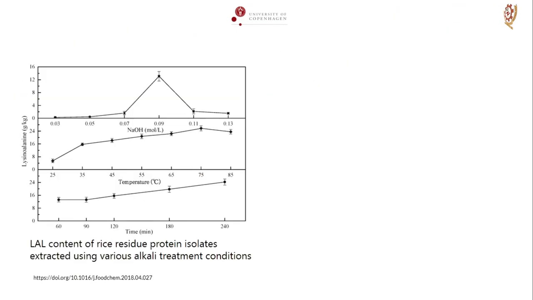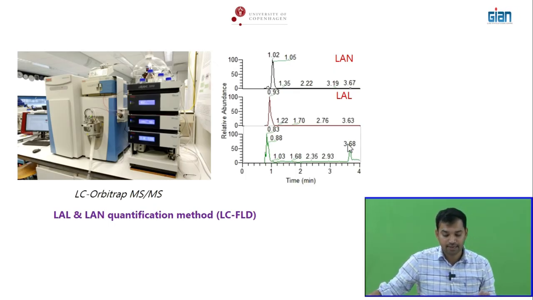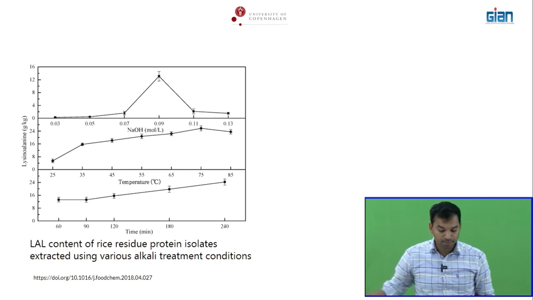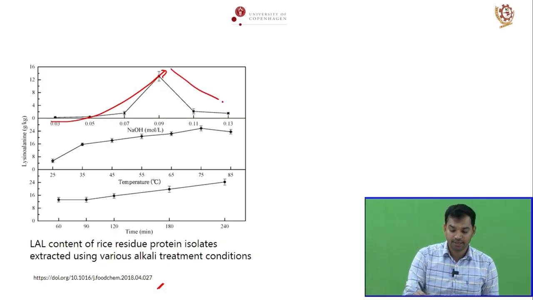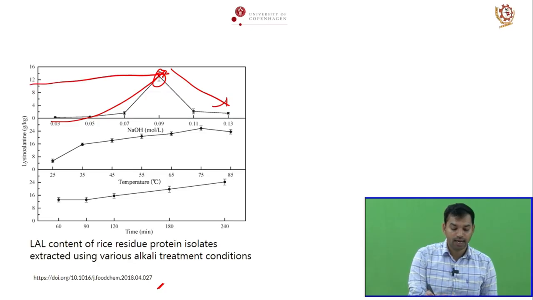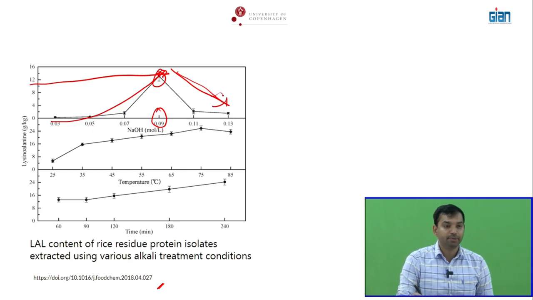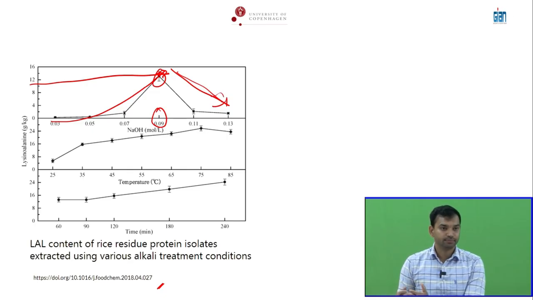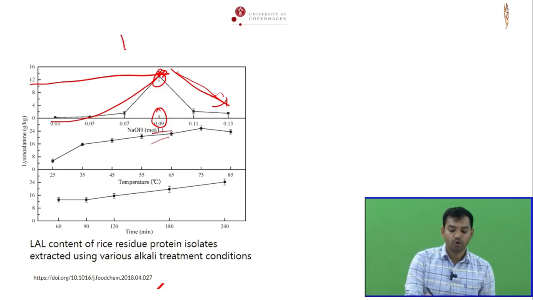Just to give some example, we have a method to analyze LAL and LAN formation in our department using LCMS. There's a paper I brought here. It clearly shows that the LAL and LAN formation increases and then decreases here, right? So basically, you get more and more LAN formation depending on the pH of the solution. It decreases later, not because they're not producing, but because LAL and LAN can also degrade further. Okay, so if you have high alkali conditions, you can form more LAL, lysinoalanine, and also more LAN.